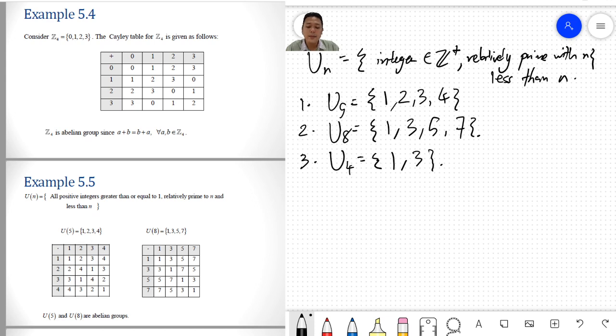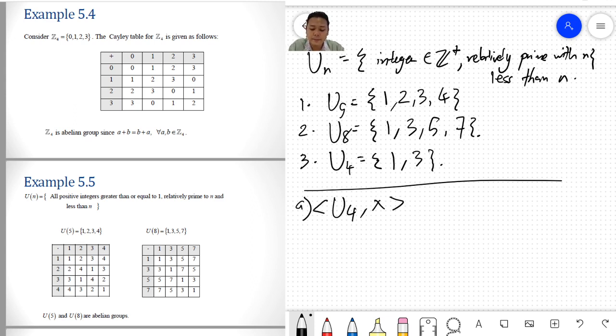Again, now we include the binary operation. Do U4 under multiplication. The binary operation right now is multiplication.